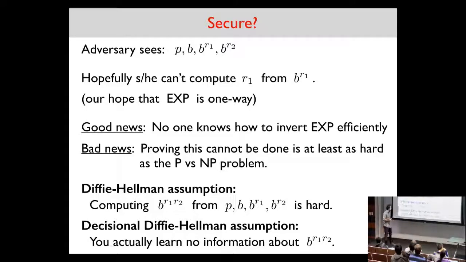And this is called the decisional Diffie-Hellman assumption. So lots of assumptions you have to make. And this turns out to be false in Z_P star, but you can pick other universes, other candidate groups where this assumption hopefully holds.